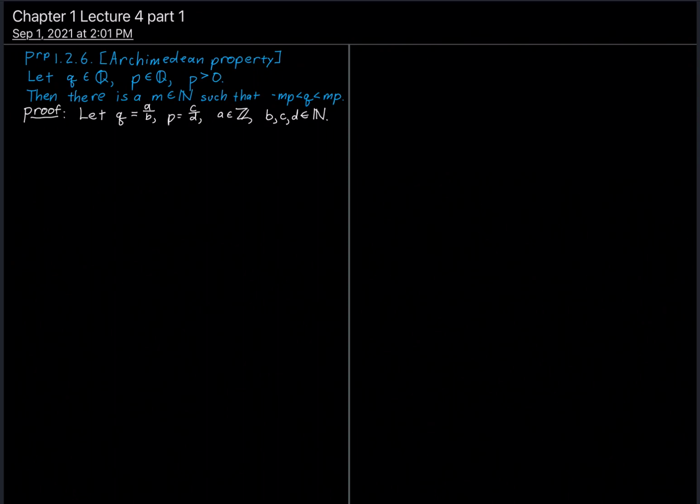And let's let M be the absolute value of A multiplied by C, plus 1. This isn't necessarily the best integer with this property, but it's going to be an integer with this property.